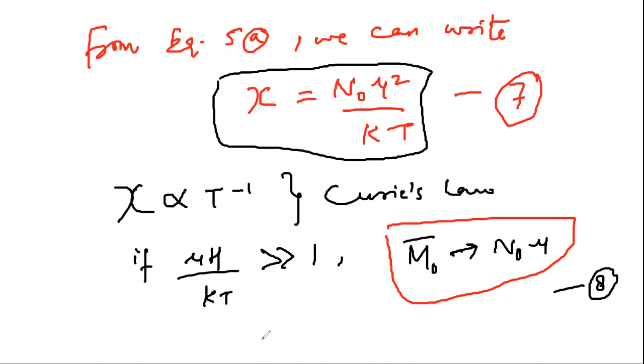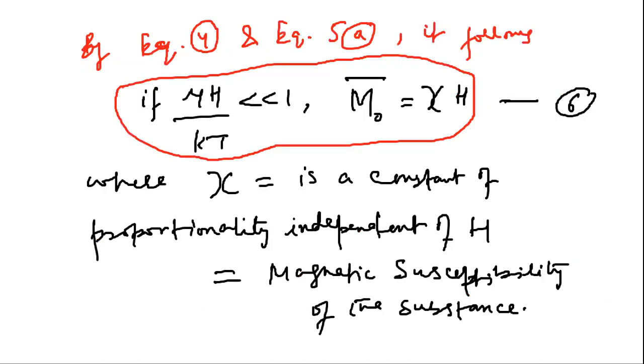And for the previous situation, that is this, our magnetization was chi times T.